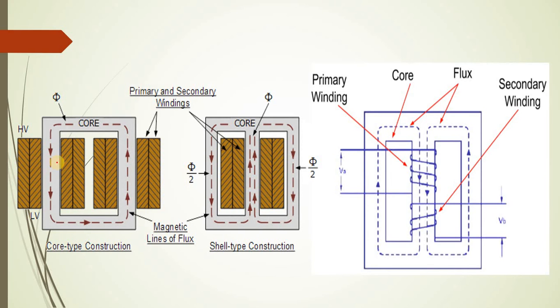So a low number of turns are there near the core, and these are the HV winding. In the case of the HV winding, the conductor cross sectional area is less, so it can have an economical design, while this HV winding is away from the core. This is placed for safety as well as economic consideration.